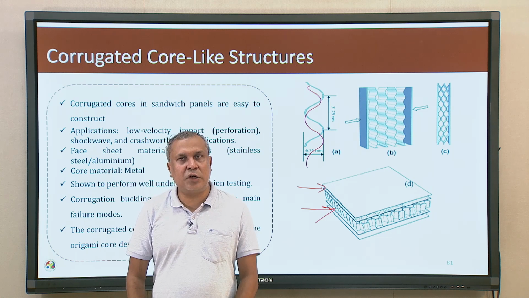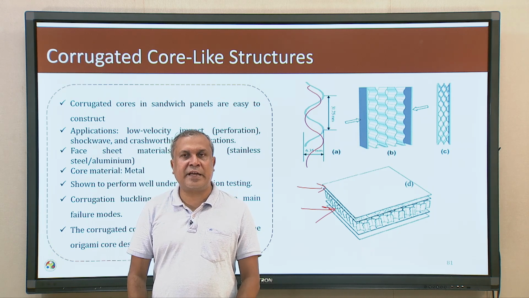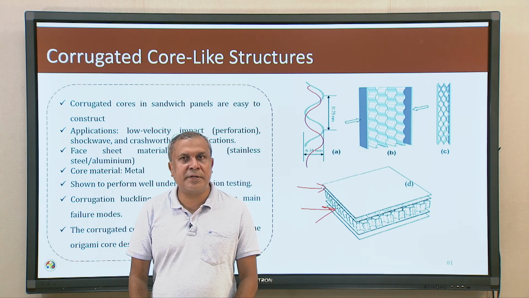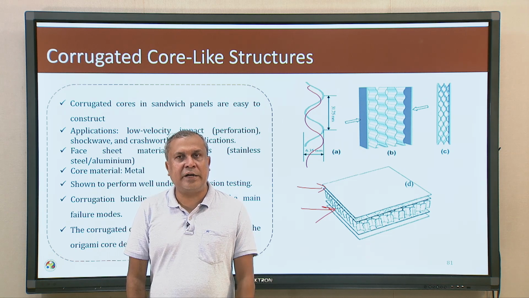Then we looked into the newer materials where 3D printing comes into the picture, where truss or other lattice type structures can be regularly printed and used as energy absorbing materials. After that, we looked into the auxetic materials, where negative Poisson's ratio materials can be used as efficient energy absorbing materials.